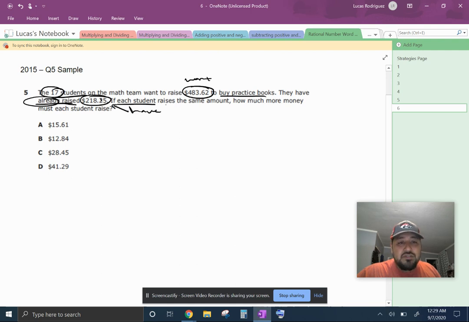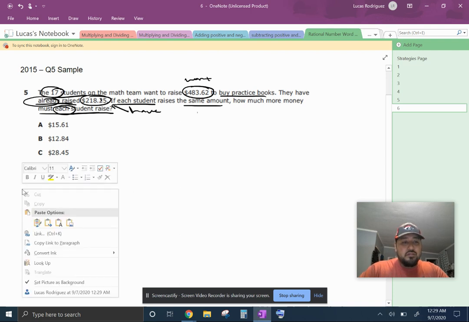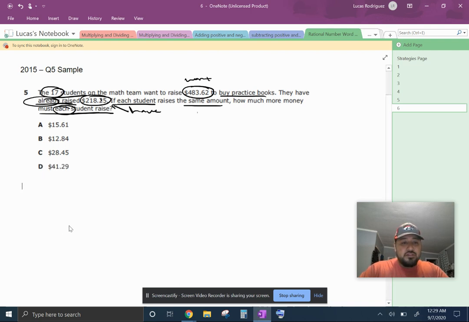If each student raises the same amount, you already know what that means. It says, how much more money must each student raise? Each student raise. So if we go down here, I'm going to paste this.